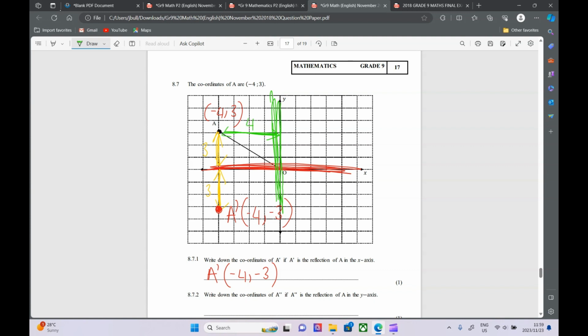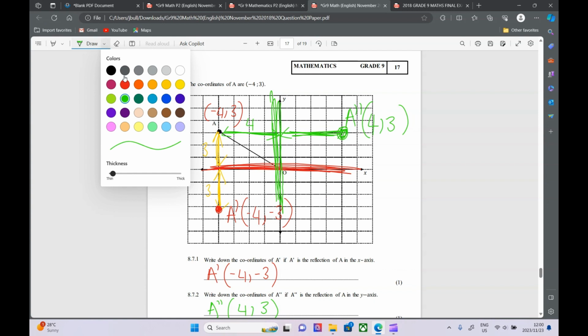So we're going to go 4 on the other side. And then that's going to be the image. So we can say that image is going to be positive 4 for x and still 3 for y. So that is 4 and 3.